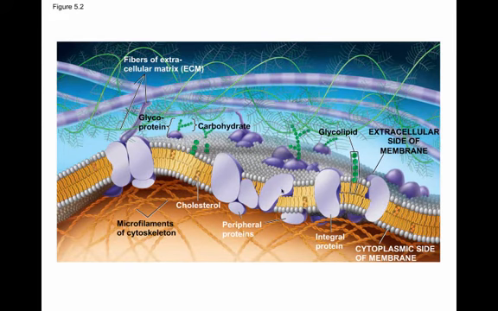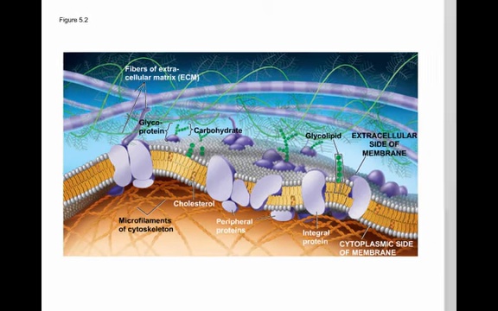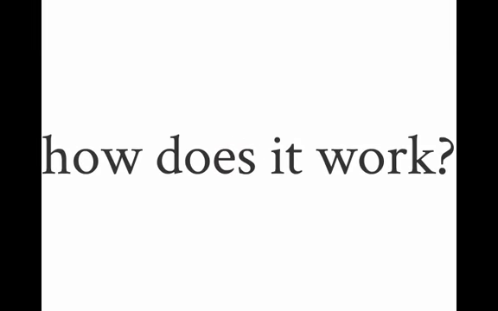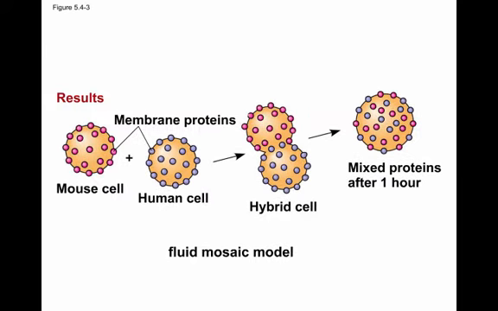So now that we know a little bit about the components of the membrane, we need to know a little bit about how it works and how it behaves. So one thing that we know about the membrane is that it's not a completely solid structure. The lipids themselves and the proteins within the membrane move around quite a bit.